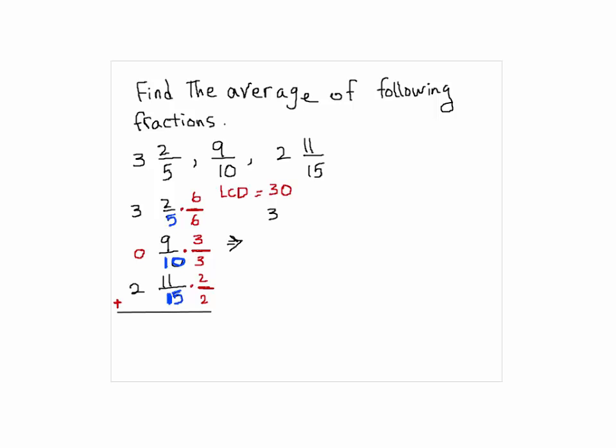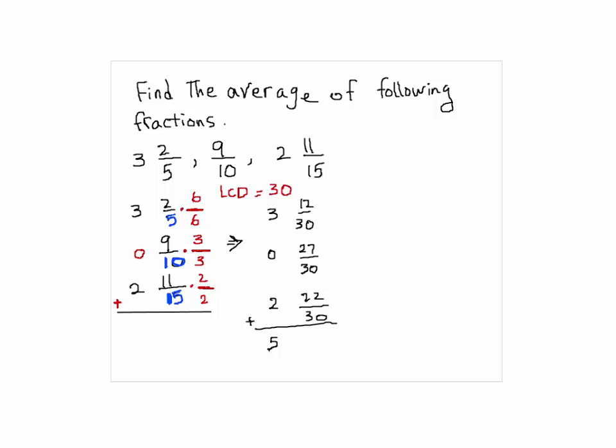Okay, so over here we have 3 and 12 over 30. And here we have 0 and 27 over 30. Here we have 2 and 22 over 30. So now I can add these. So we have 5 here.